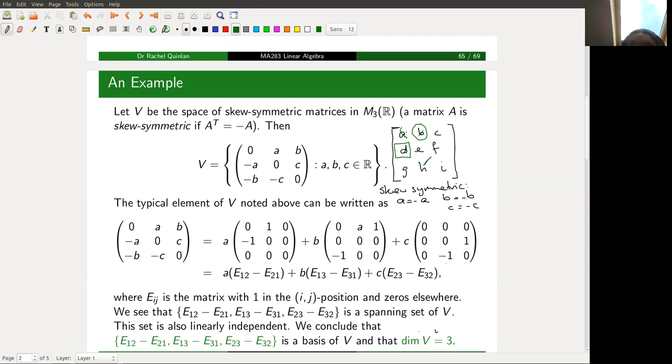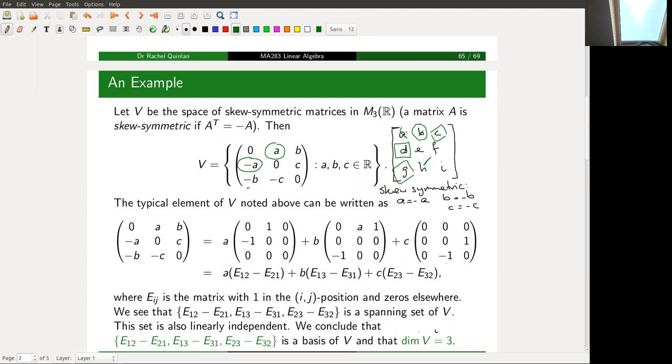Similarly, F and H should be negative to each other, and also C and G. So a 3 by 3 matrix is skew symmetric if the three entries on its main diagonal are all 0, and the other three entries are negatives of each other in opposite positions corresponding to the transpose, in positions that are reflections of each other in the main diagonal. So for example, if we have an A in this position and this matrix is equal to the negative of its transpose, we must have a minus A in this position, and so on.